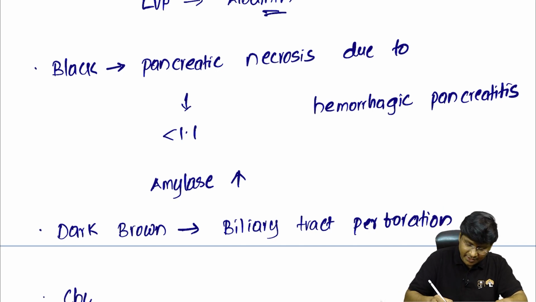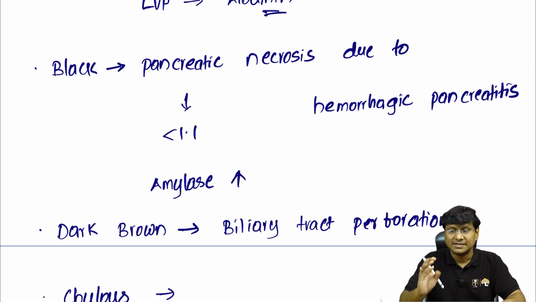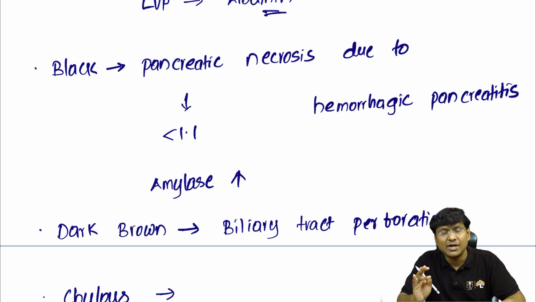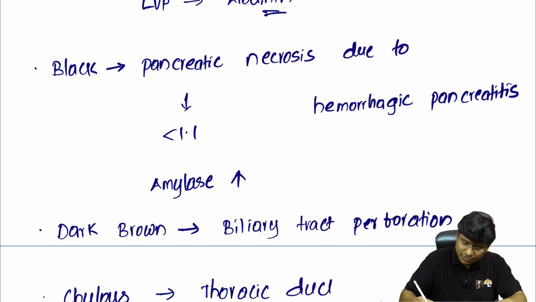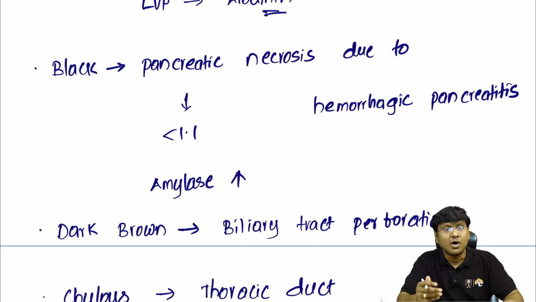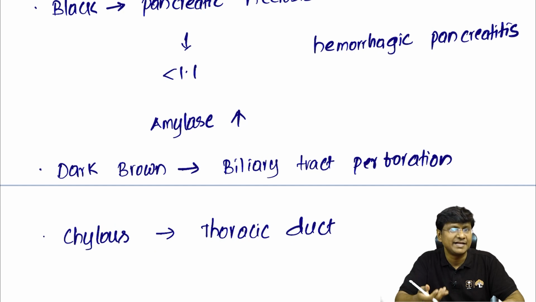And the condition where you have chylous ascites. Chylous ascites refers to turbid, milky or creamy peritoneal fluid, right? And where do you have this chylous ascites? That is in the presence of rupture of the thoracic duct, or the presence of intestinal lymph. And what does this chylous ascitic fluid contain?